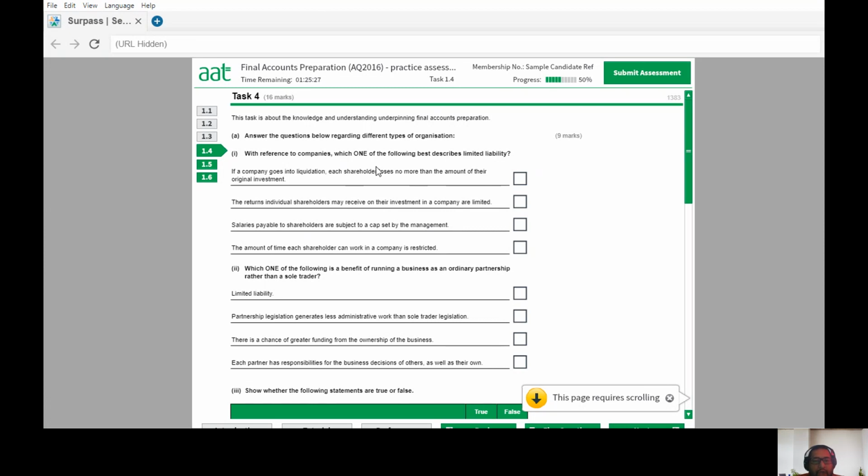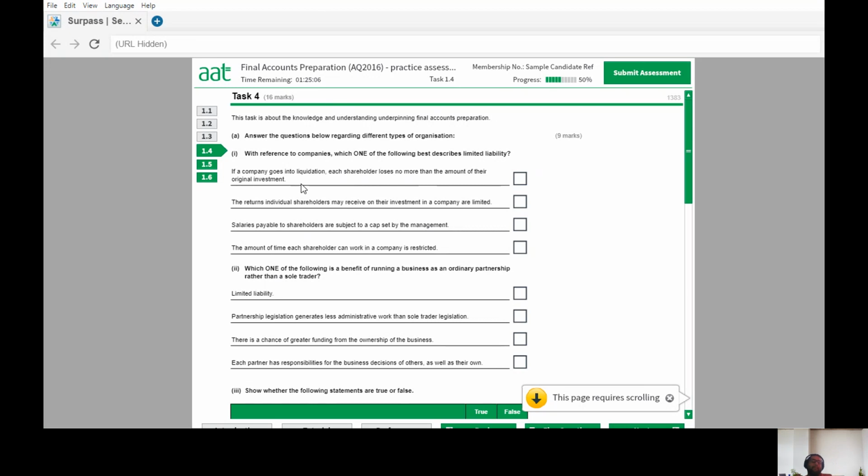What they're asking here is not to do with the company as a whole. They're asking what best describes limited liability. For me, out of all these answers, it's this one: if a company goes into liquidation, each shareholder loses no more than the amount of their original investment.